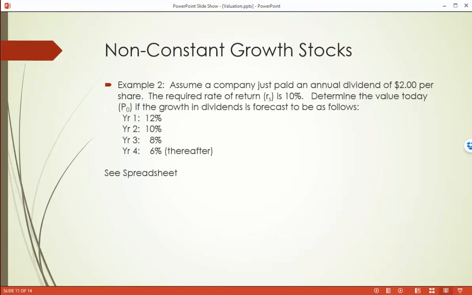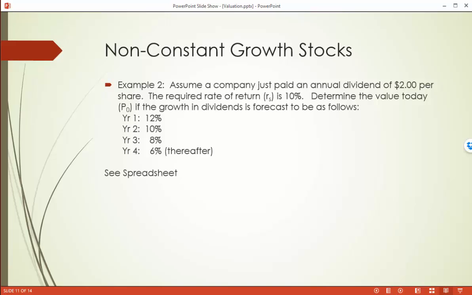I want to look at another example here, and we're going to now have a variety of growth rates over the course of time. We have a company with a dividend just paid, so that's D0, of $2 per share. The discount rate in this example is 10%, and we have a variety of growth rates over the next few years: 12% in year 1, 10% in year 2, 8% in year 3, and then 6% thereafter.